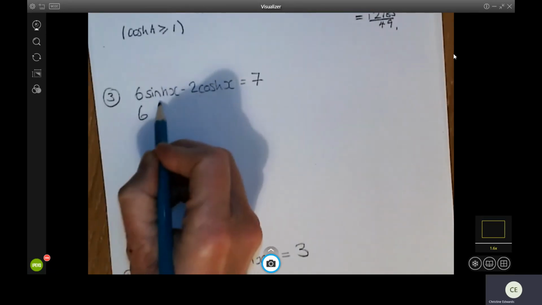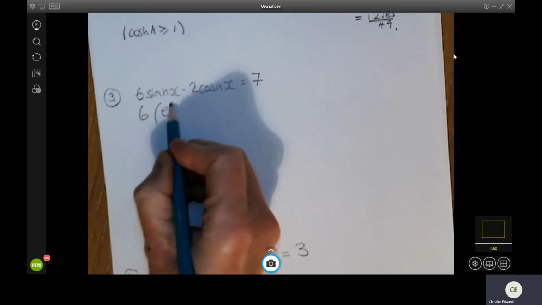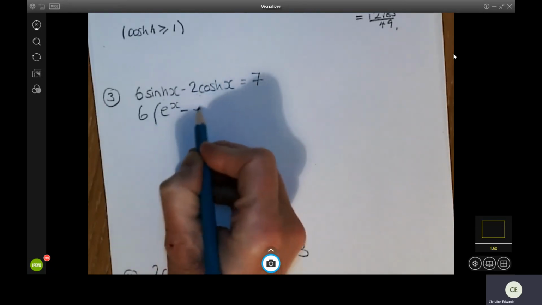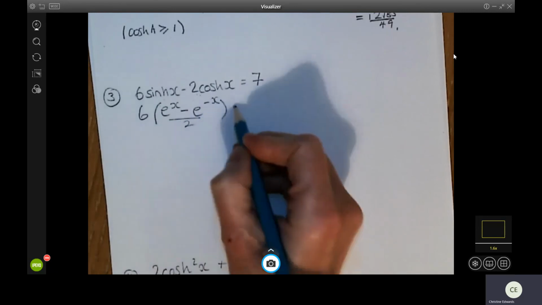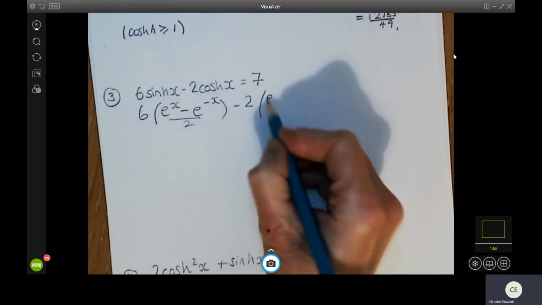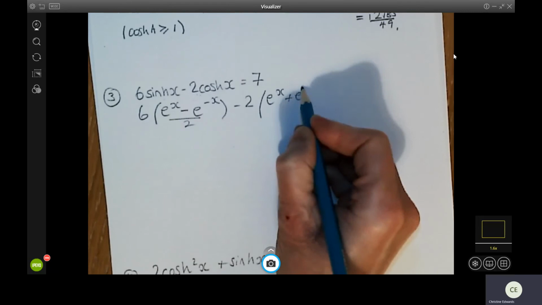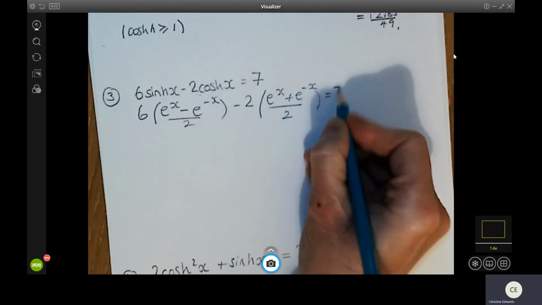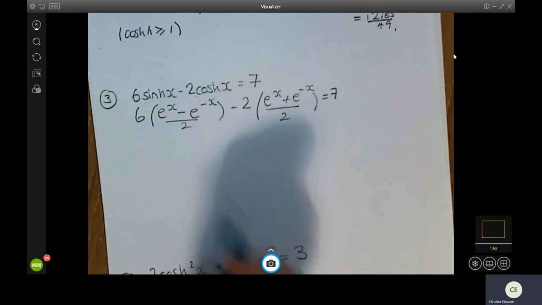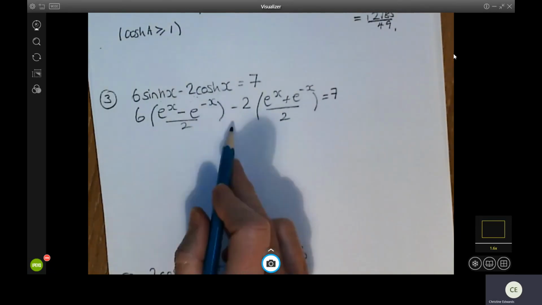We've got 6 times (e^x minus e^(-x)) over 2, minus 2 times (e^x plus e^(-x)) over 2, and that equals 7. So I'm going to expand the brackets.